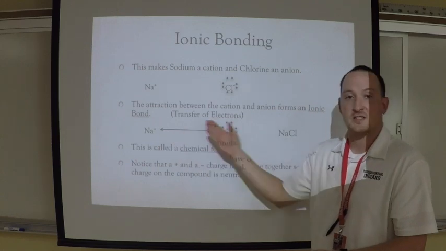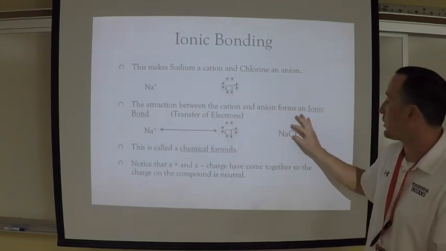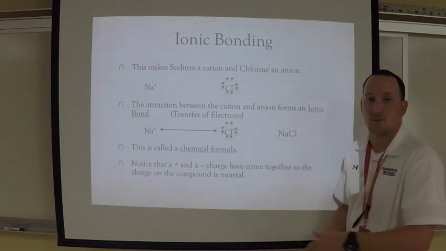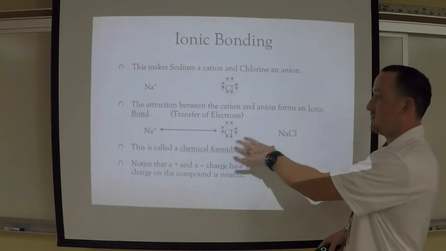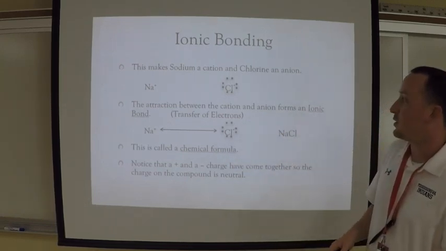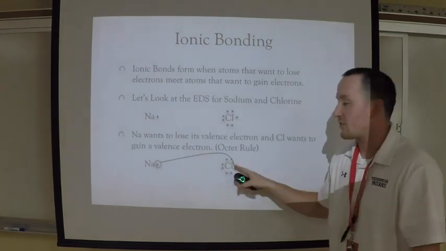There's the same number of positives as there are negatives, and that's why this is a neutral compound. We don't write our charges on our substance. Okay, so you'll have to do this in some of your assignments. So this is kind of what you would do. So this would be the chemical formula for it, and you would draw that reaction by drawing this happening.